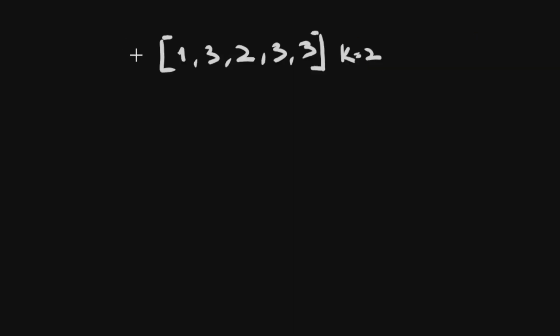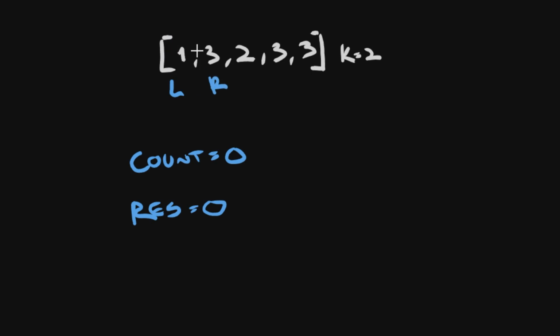Now let's use the same example. This is the array and this is k, and we know that for this one the max element is 3. We will create two variables, one for count and one for the result. Now we will iterate from left to right with two pointers, left and right, initially at index 0. We start moving the right pointer, and each time we find a maximum value, in this case a 3, we add 1 to the count. 1 is not the maximum value, so we update the right pointer.